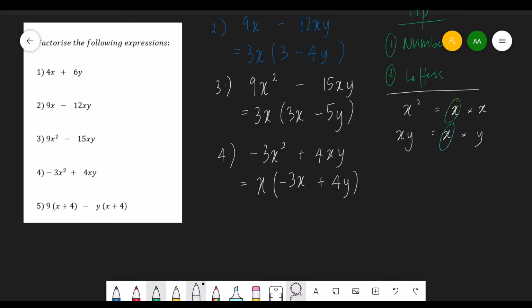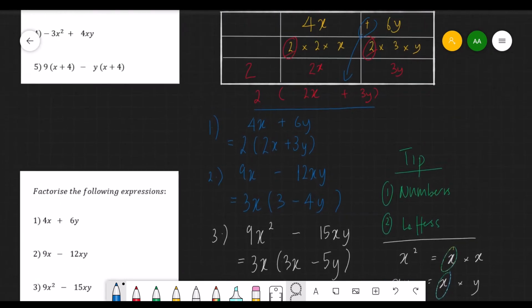Example number 5 is going to be slightly different, so I need you all to pay attention. We have 9 bracket x plus 4 minus y bracket x plus 4. This is a special kind of factorization. It seems like there is a common factor, but it's different from the first 4 examples that I have gone through.